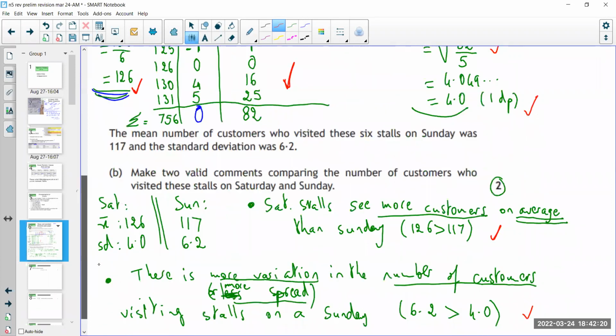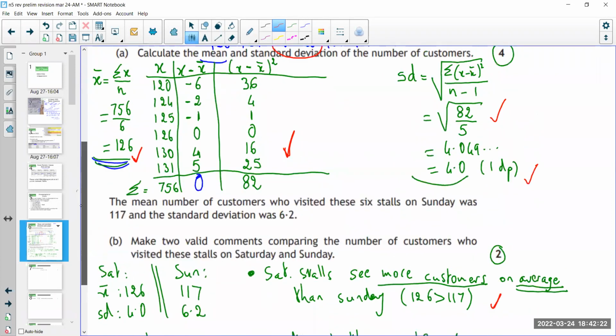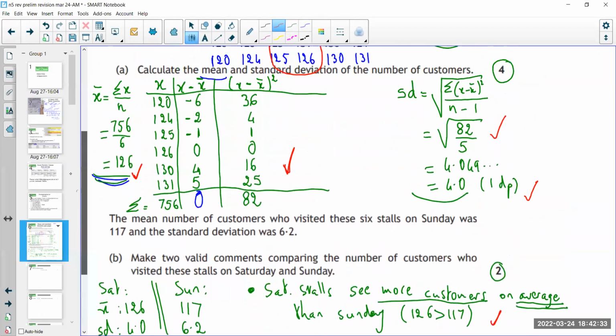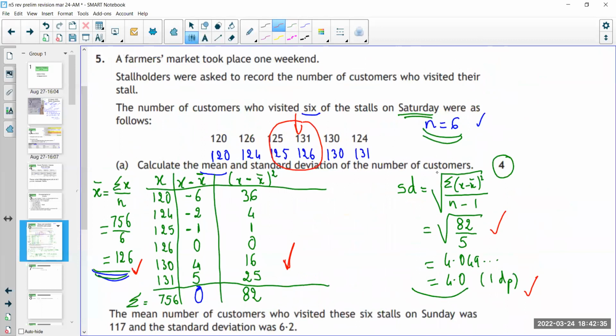And if you want to nail 6 marks, it's good to practice a few, learn these terms, spread, variation, read a bit the story, what they're trying to tell you, and I can guarantee you'll get 6 marks very easily. So when someone tells you statistics, oh, that is complicated, there are X bar.